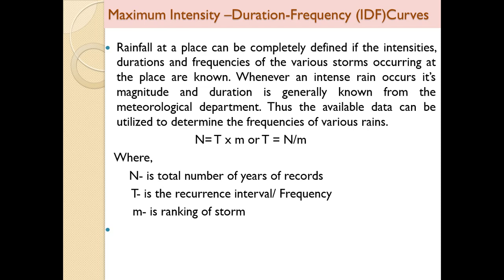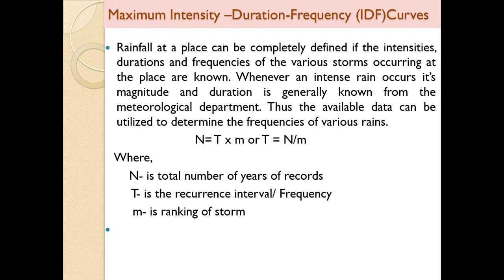Rainfall at a place can be completely defined if its intensity, duration and frequency of various storms occurring at the place are known. Whenever an intense rain occurs, its magnitude and duration are generally known from the meteorological department, and this data can be used for development of a relationship between intensity, duration and frequency.